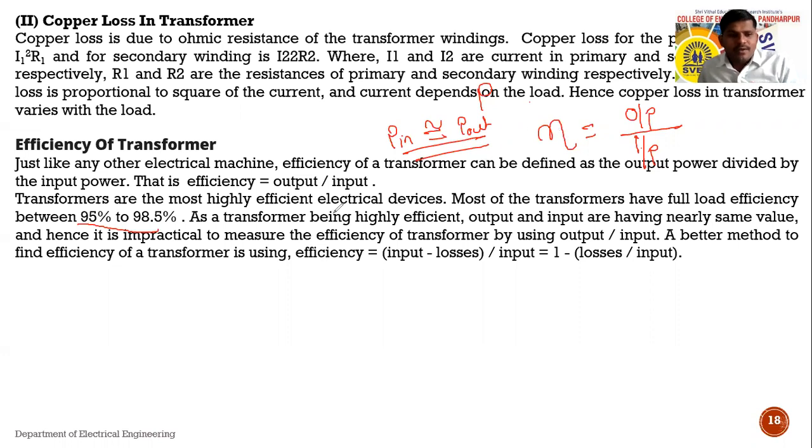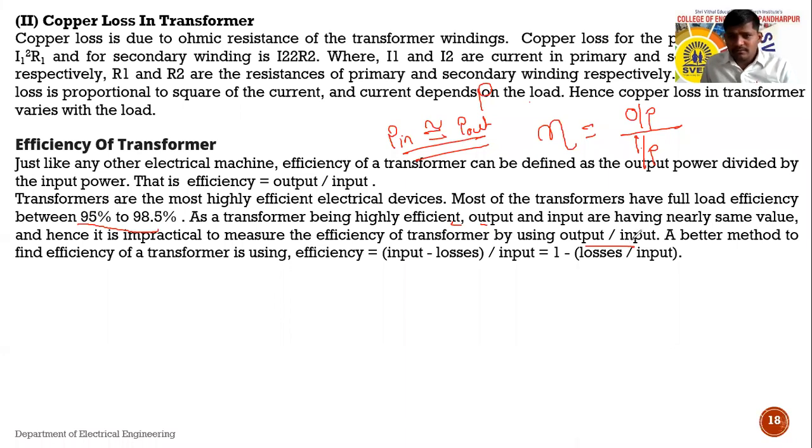Since the transformer is highly efficient, output and input have nearly the same value, so it is impracticable to measure the efficiency of the transformer using the output divided by input equation.